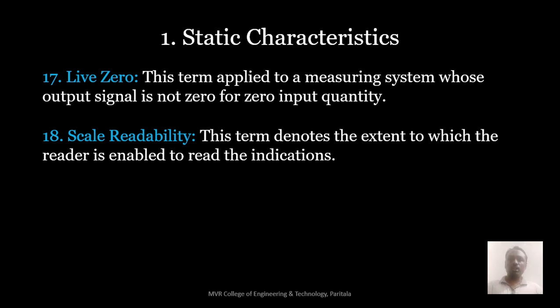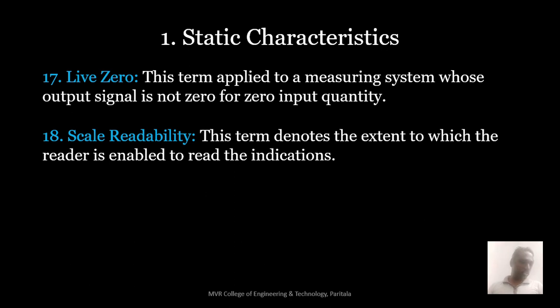But in the case of a digital voltmeter, it is possible up to some extent. So the term denotes the extent. If it has more extent to read the scale, then the scale will have more readability. That means digital instruments have more readability when compared to analog instruments.